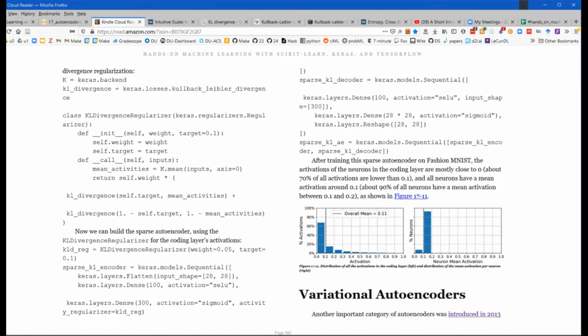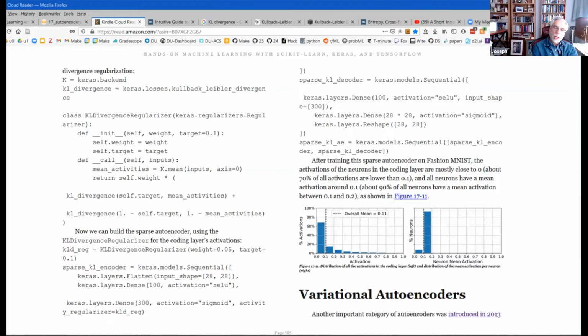That's how you're calculating the mean activation of the neurons. And this is not just for the coding layer, but for the whole network. So that's 300 plus the previous layer's 100 plus whatever else is in the network. Yeah, but there's only one layer that has sigmoid activations, so I don't think this applies to the other layers, just to the coding layer.